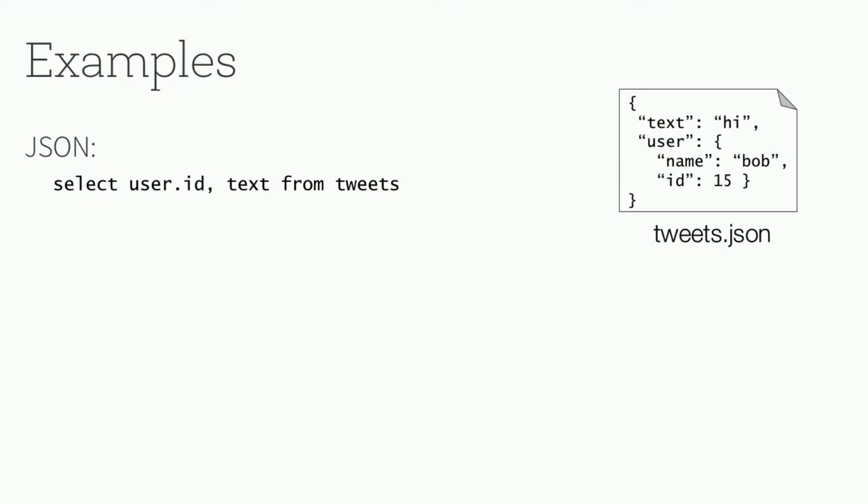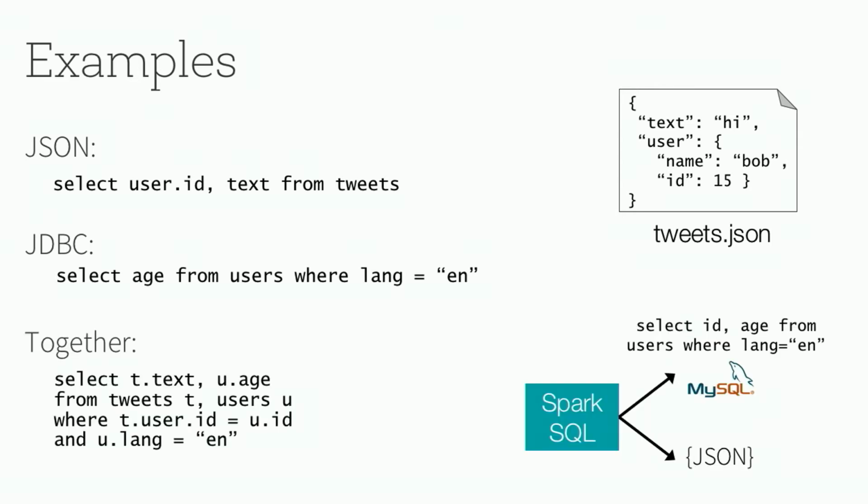So just as a simple example, let's say we've got a JSON file. You can view it as a bunch of records using Spark and have fields like user ID and so on. Let's say we also have a MySQL database, and we want to select some stuff from it through JDBC. And let's say that we're trying to combine these two data sources, appropriately enough for Twitter.